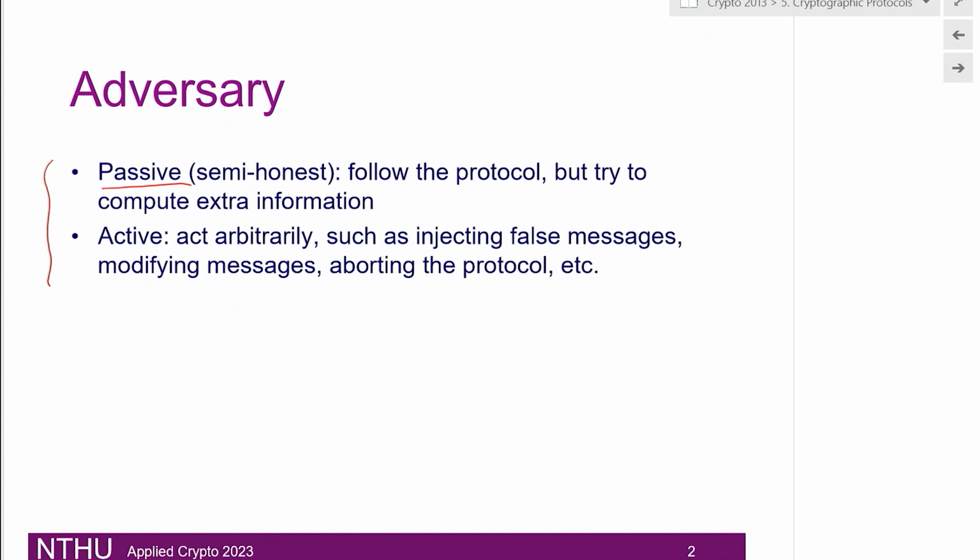He would do exactly what your algorithm is saying. The other one, the active one, would act arbitrarily. He would be somebody like we just saw on the previous page, who would modify the messages, drop the messages, cause the protocol to abort, and misbehave in many different ways.